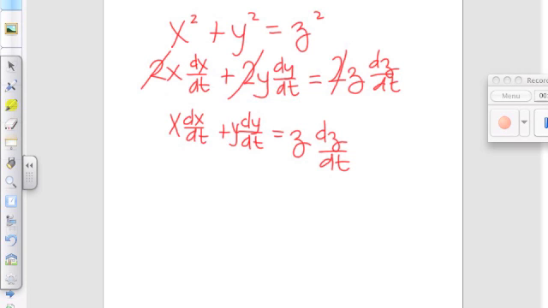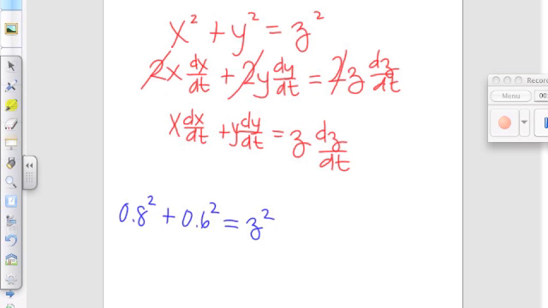So if my x is 0.8 squared, and my y is 0.6 squared, and this is equal to z squared, can I use algebra to find my z? Yes.